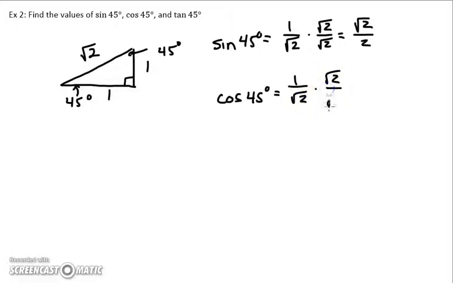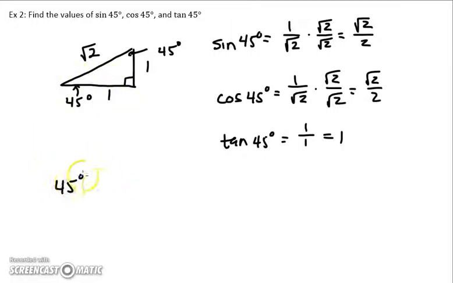Again, let's rationalize. We're going to get radical 2 over 2. And tangent of 45 degrees is going to be the opposite 1 over the adjacent 1, which is just going to be 1.